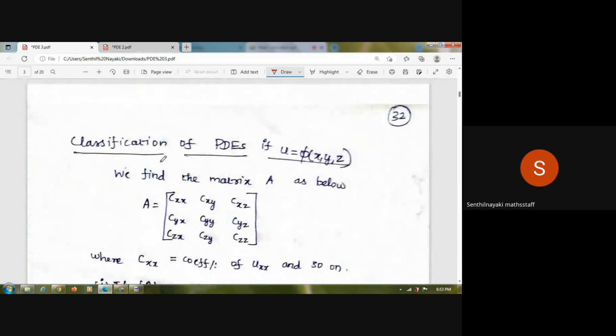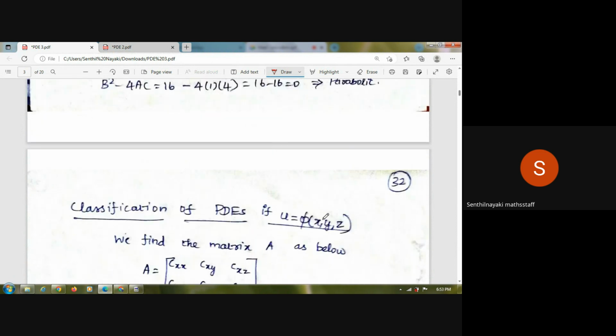So what is the second method? If u is a function of three variables, you have to note that here the independent variables are three. Number of independent variables equal to 3.